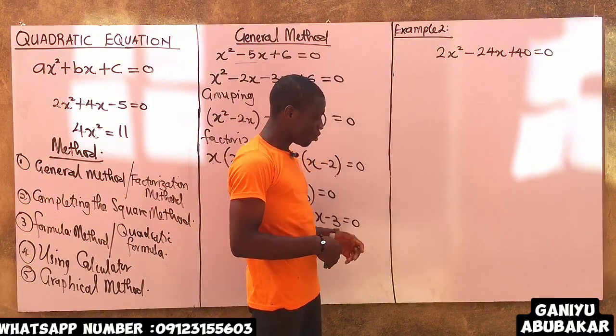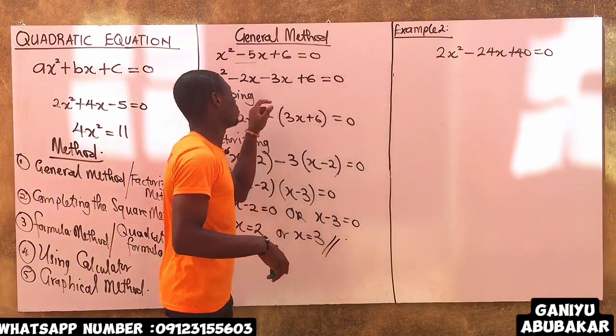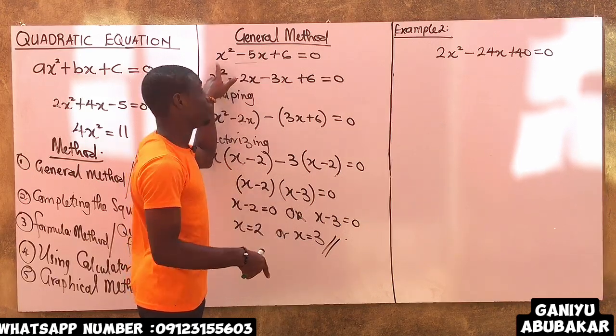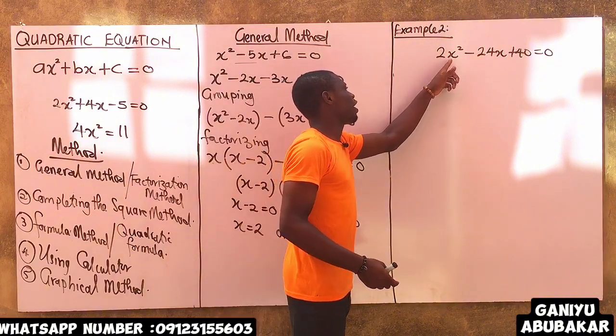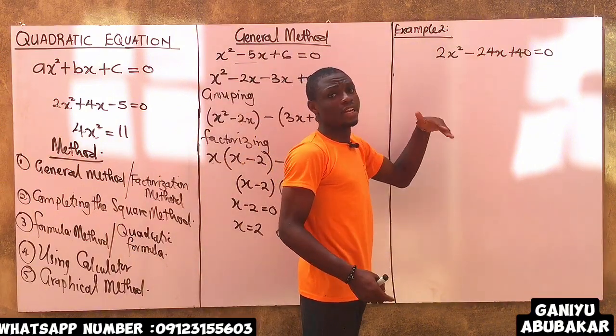Before we start solving this one, let's try to understand something. In the first example I gave you, the coefficient of x squared is unity, that is 1. But in this case, the coefficient of x squared is 2. So my first task is to simplify this, or reduce it.